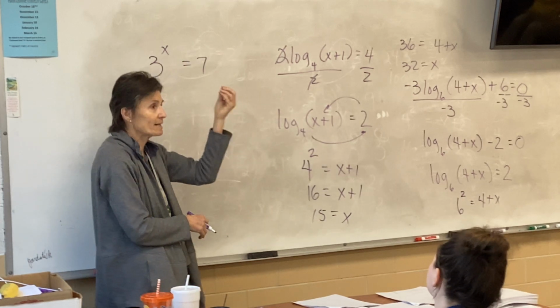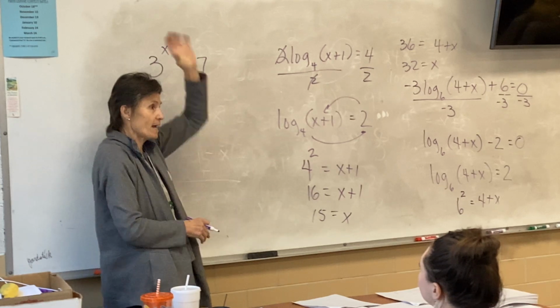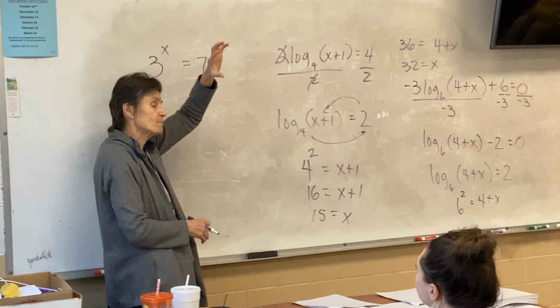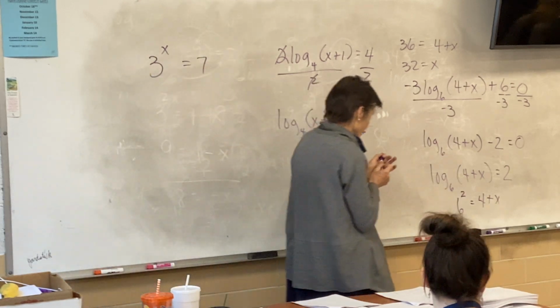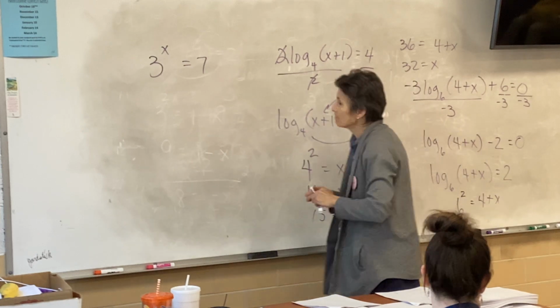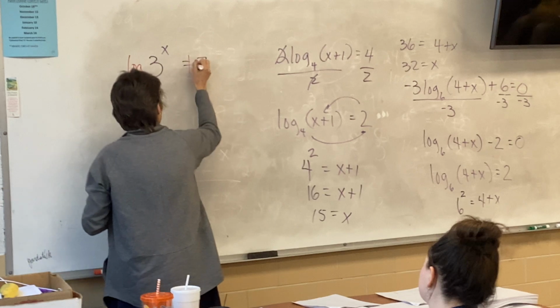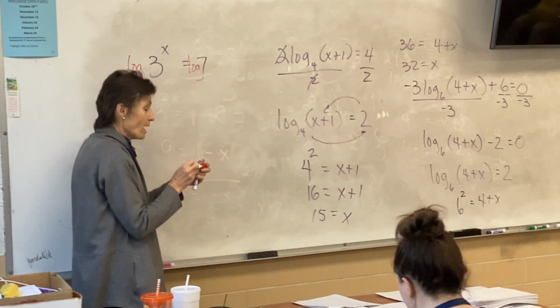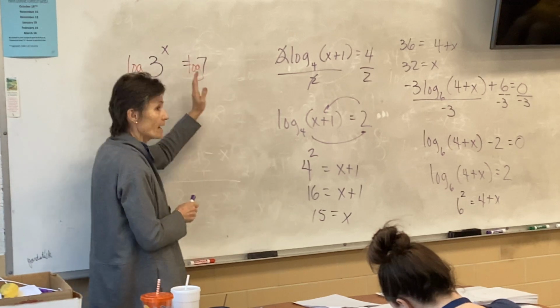I've got to figure out how to get that x down into the problem and not clear up here as an exponent. So what I'm going to do, watch this, you are going to be awed and amazed. I'm going to take the logarithm of both sides. So I am physically going to write log on both sides of the problem.